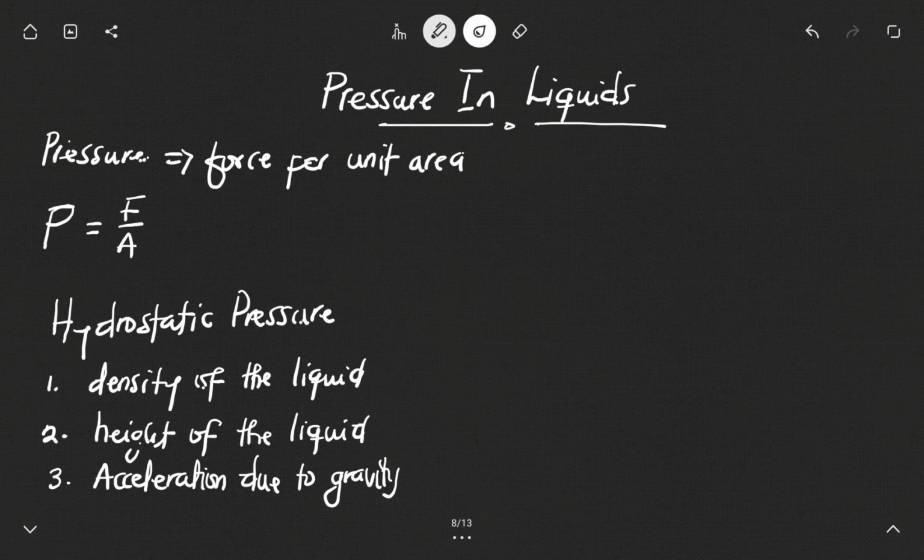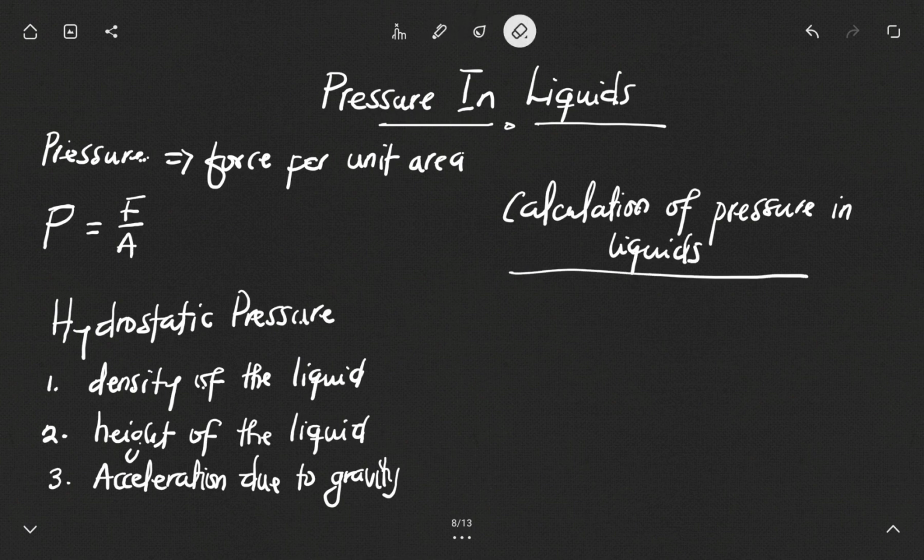Let's look at that. So we want to talk about the calculation of pressure in liquids.